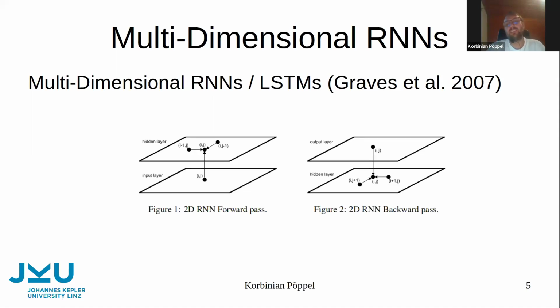It has been done quite a long time ago with multidimensional RNNs and multidimensional LSTMs, with work from Alex Graves in 2007. This was actually probably among the first deep learning successes even in computer vision.